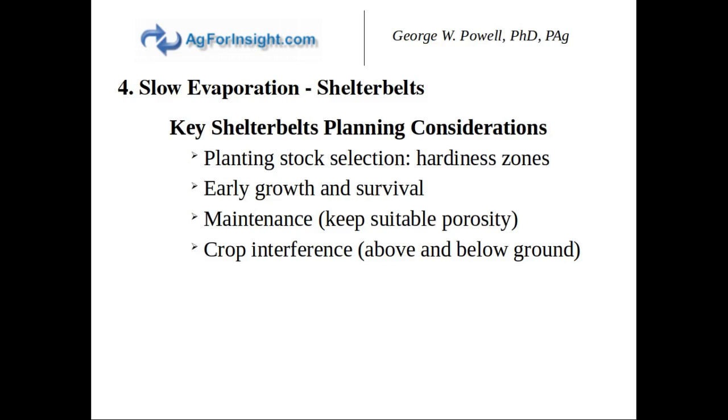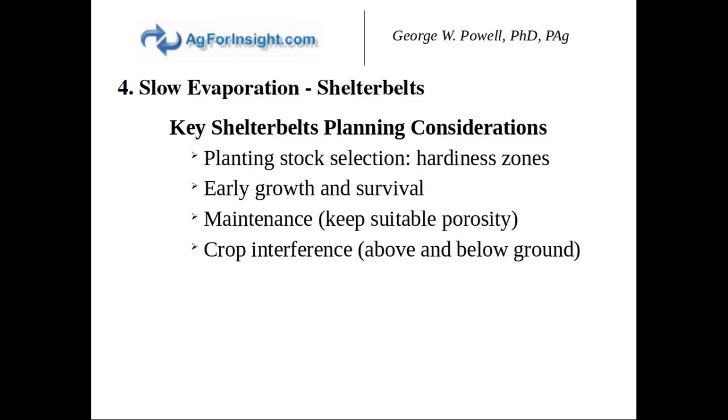If you are planting shelter belts though, some key considerations: certainly planting stock selection. Pay close attention to the hardiness zones. There's I think often a desire to bring in imported species, something that's fast growing or maybe suitable for other farm diversification options, but you really have to take care in selecting something that's going to be winter hardy enough to survive.